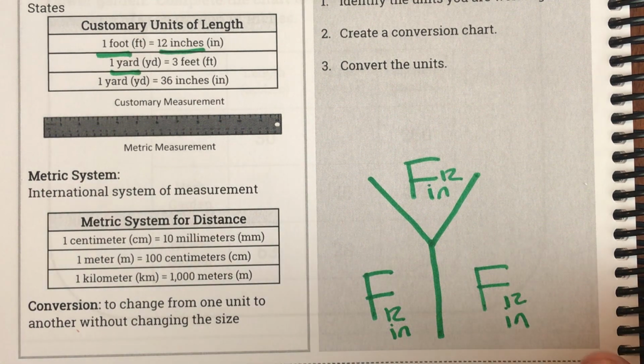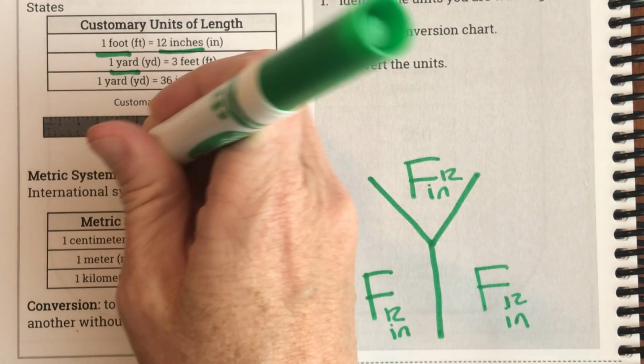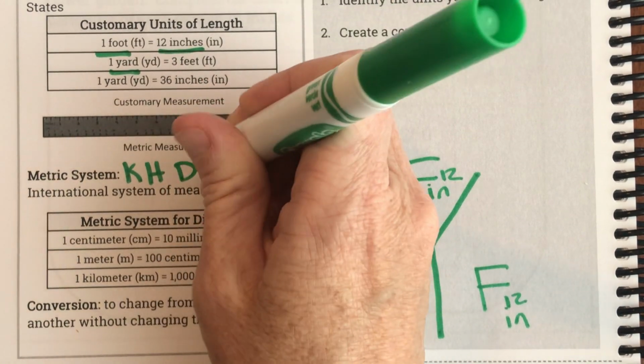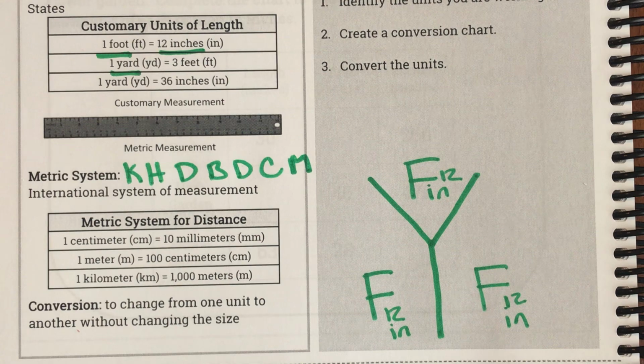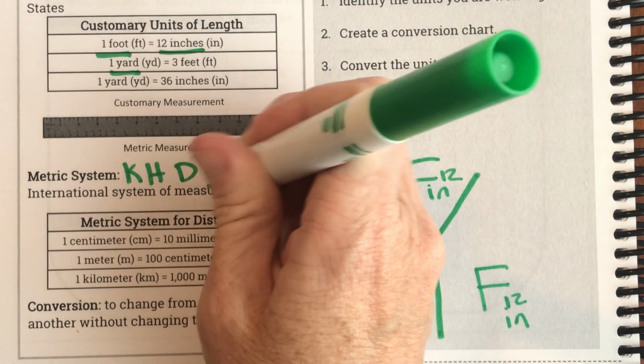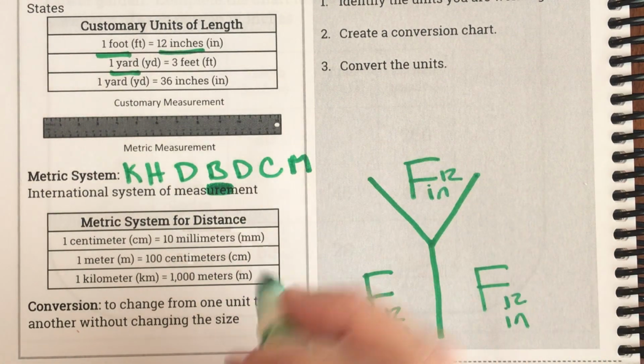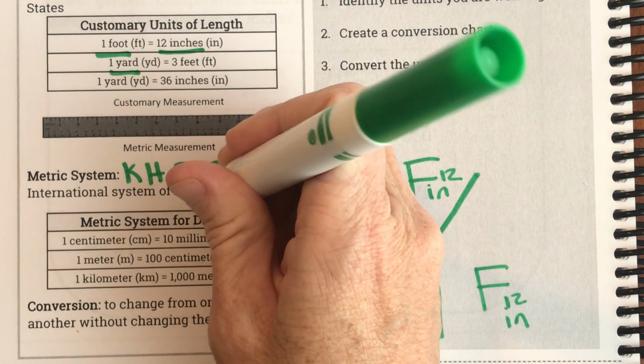Okay, the metric system is what you saw in your King Henry Died by Drinking Chocolate Milk video. So we might actually add that on here. King Henry died by drinking chocolate milk. But because we're talking about length, our base measurement is meters.